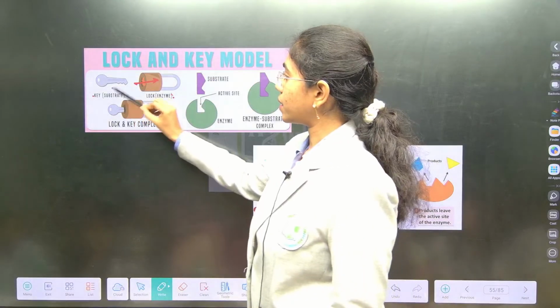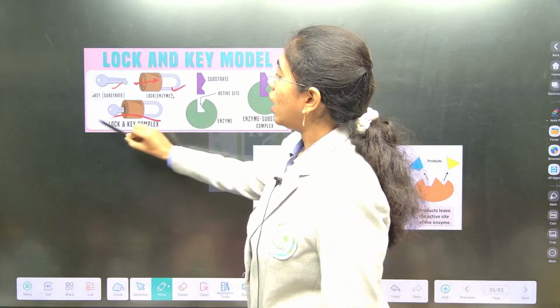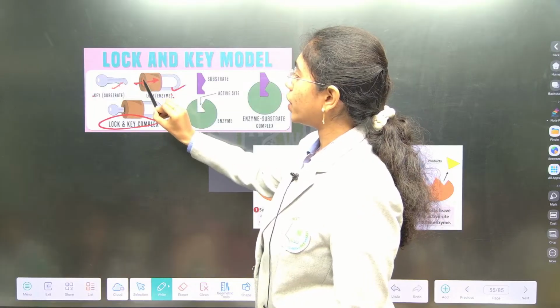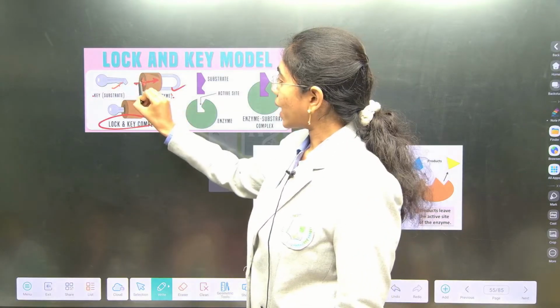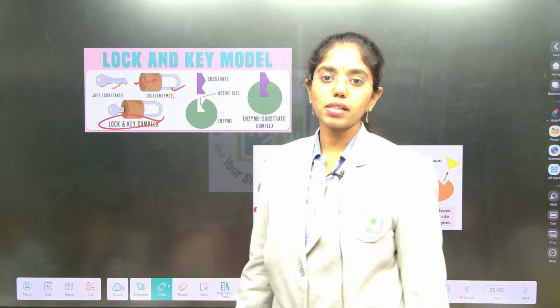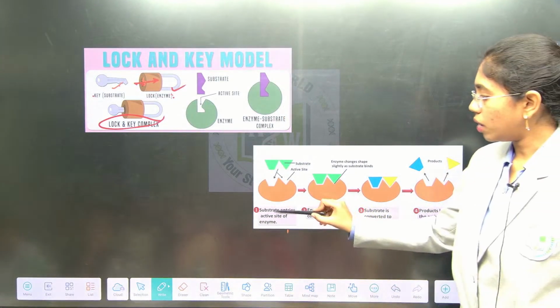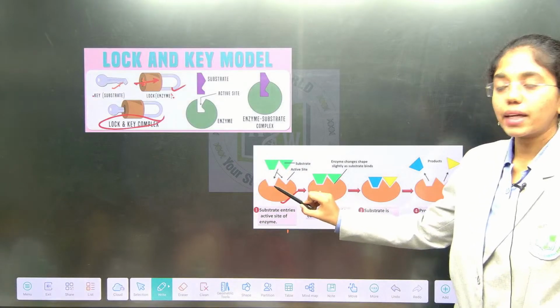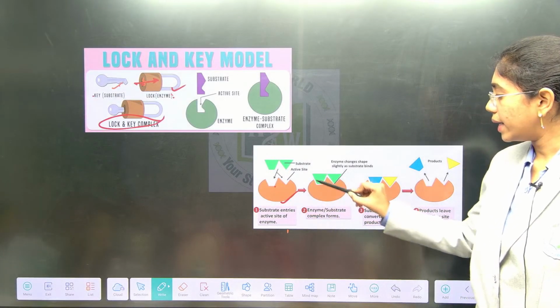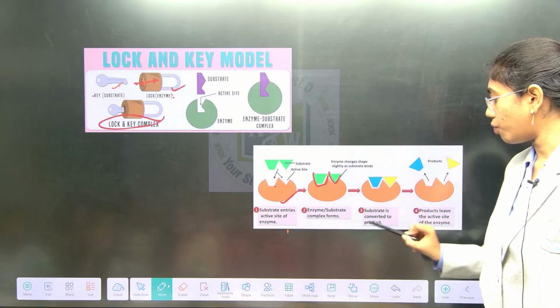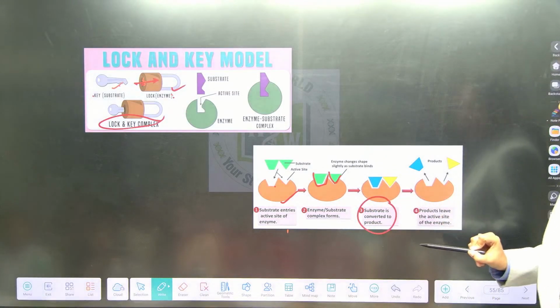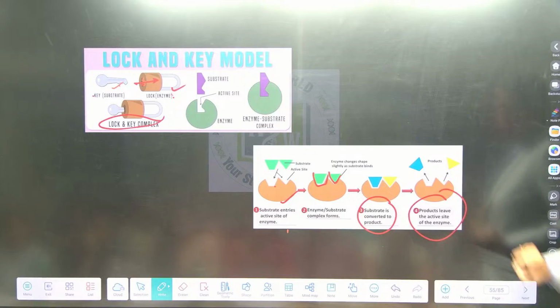The key is considered the substrate, the lock is the enzyme, and the substrate fits into the active site of the enzyme. If you observe, the substrate enters the active site of the enzyme, the enzyme substrate complex is formed, converted to enzyme product, and then the products are released.